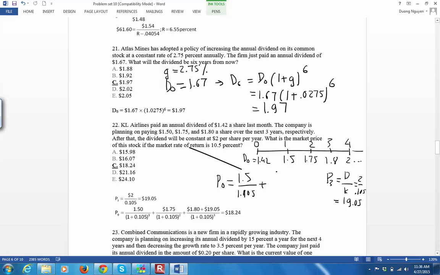The present value of 1.75 is 1.75 over 1.105 squared. The present value of 1.8 is 1.8 over 1.105 to the power 3. The present value of P3 is 19.05 over 1.105 to the power 3. And the answer is 18.24.